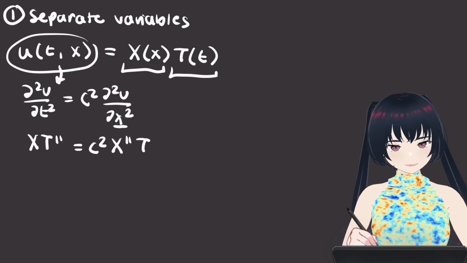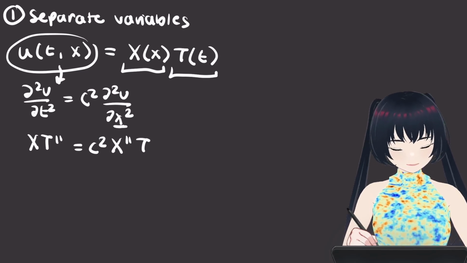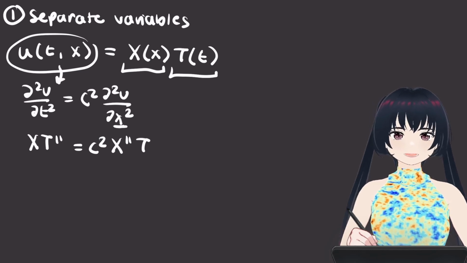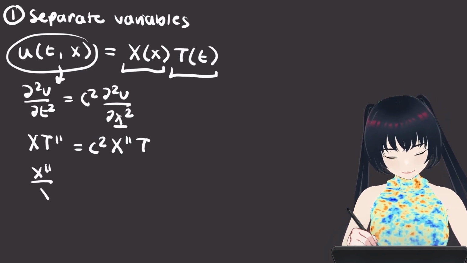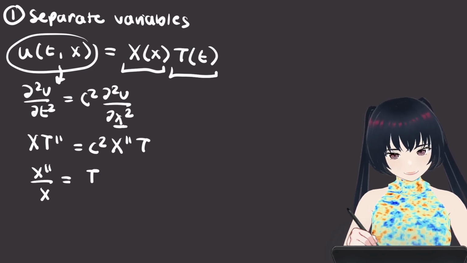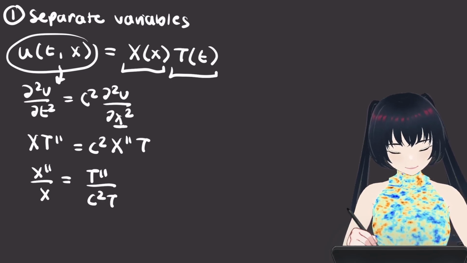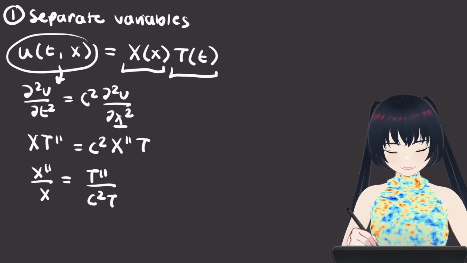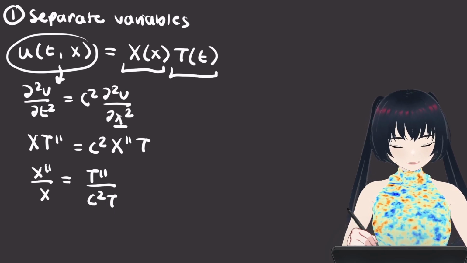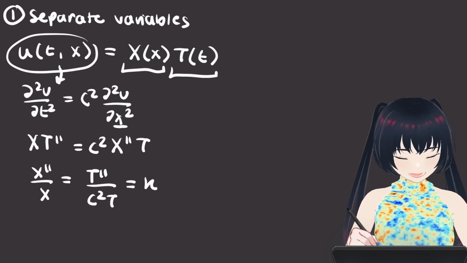Now what we have to do is we have to solve for what X and T are. And to do that, we actually have to move the variables to the same side of their equation. So we move the x terms, we move the t terms. And what we get is this expression here, X double prime over X is equal to T double prime over c squared T. But what we do know is that this is equal to k.